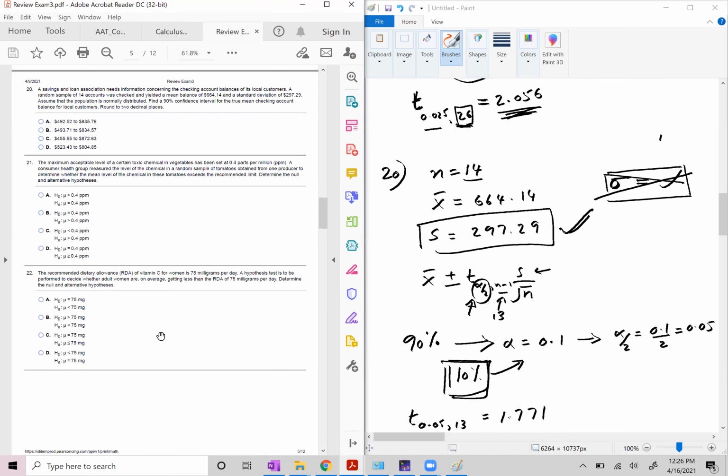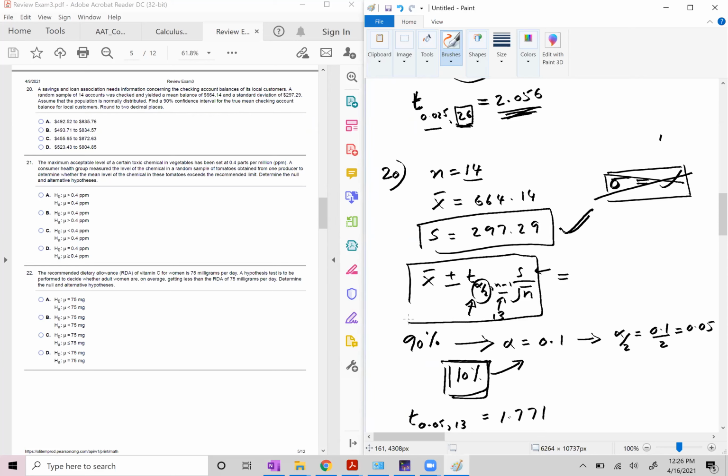Right. So let me plug in the values now. This is the equation to use. Now we have everything; we just found the t value. X bar, S, and n are given in the question. So X bar is 664.14 plus or minus t alpha over 2 comma n minus 1, which is t.05 comma 13 for this particular question, and we found it using the table.